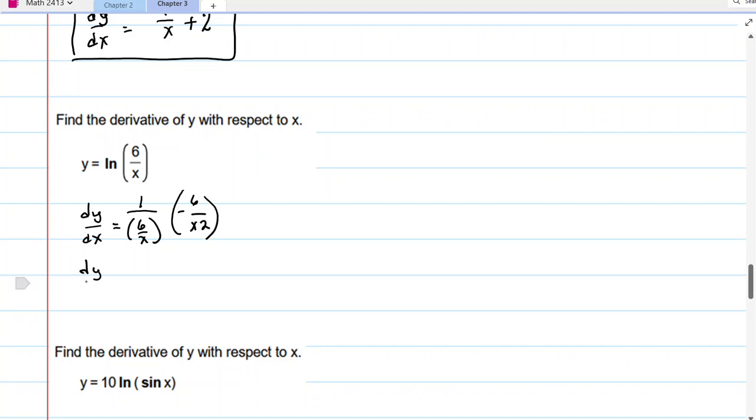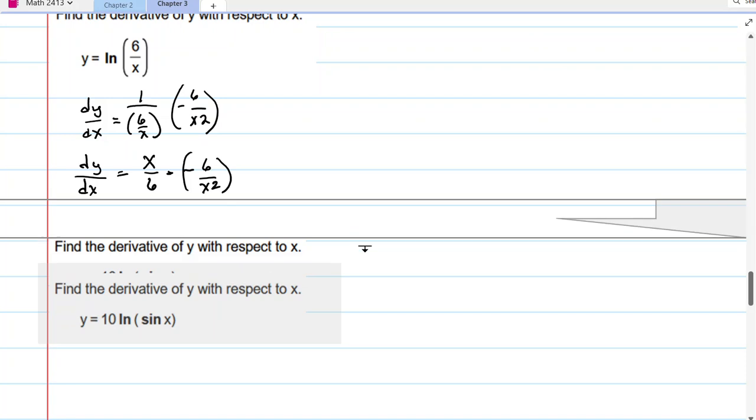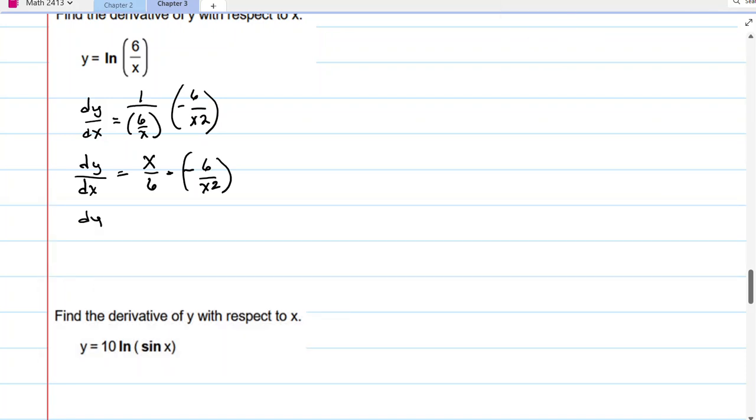That's a reciprocal value: x over 6 times that negative 6 over x squared. And we're still going to clean it up. dy/dx equals, and we're going to cancel the x and the 6's, and that leaves me with negative 1 over x. I find that totally fascinating.